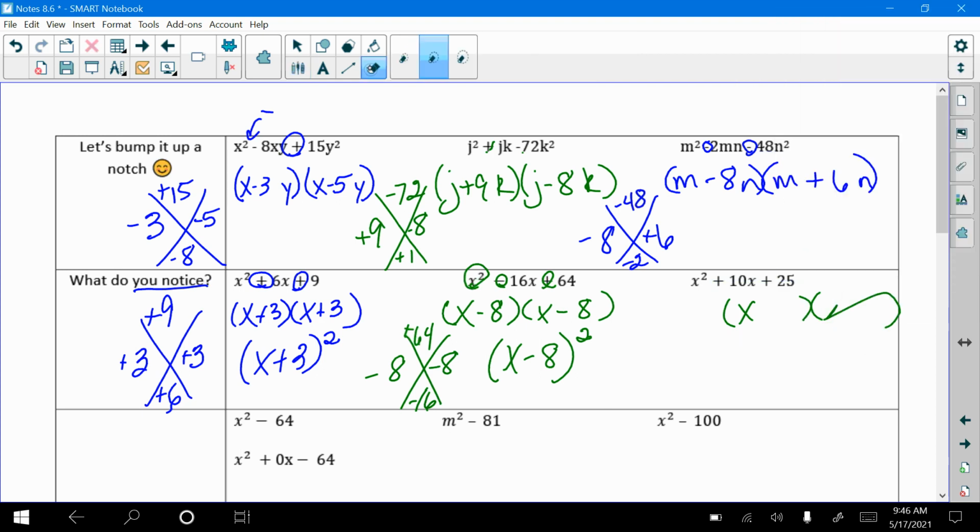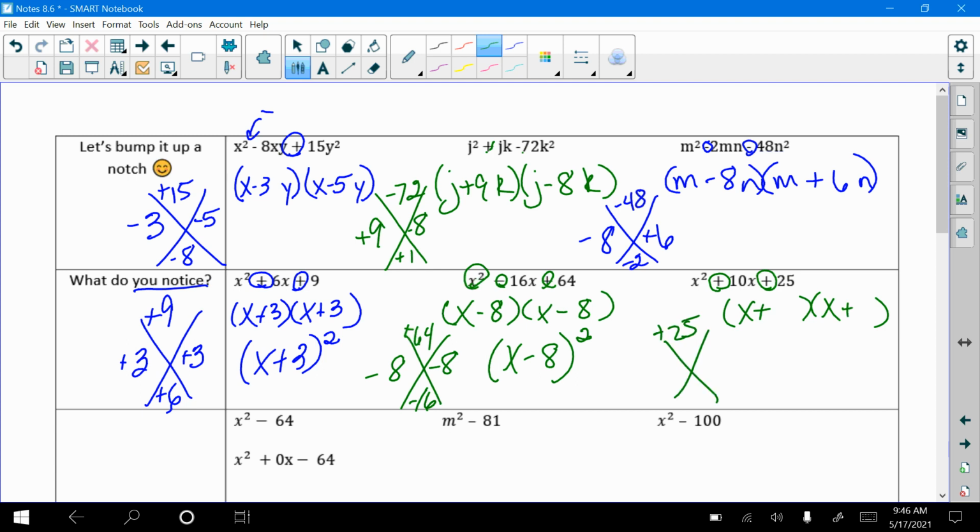Erase that. X and x. And same signs, both positive. They have to be the same, otherwise it's not going to be perfect. So same signs, and they're both positive. And again, I'm going to do the 25 and the 10, and 5 and 5. 5 plus 5 is 10, 5 times 5 is 25. They're both positive.